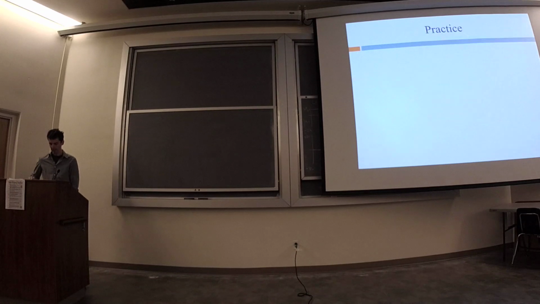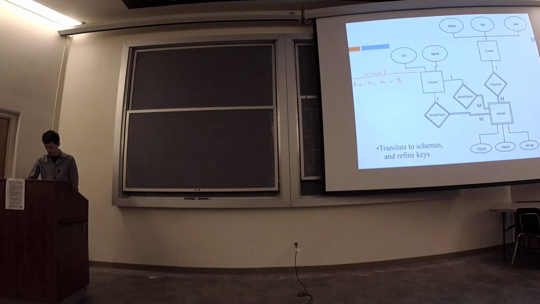Okay. I do need to do this with more room. Games: round, result, moves, white, black, event name, site, and date. Those came from here.